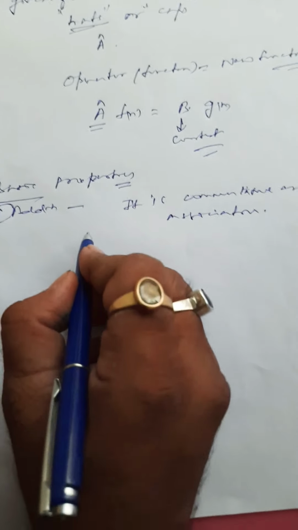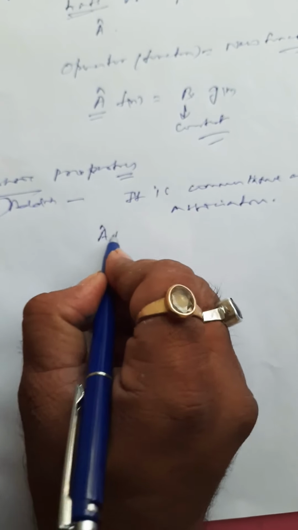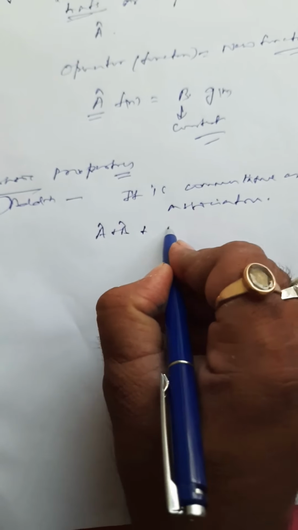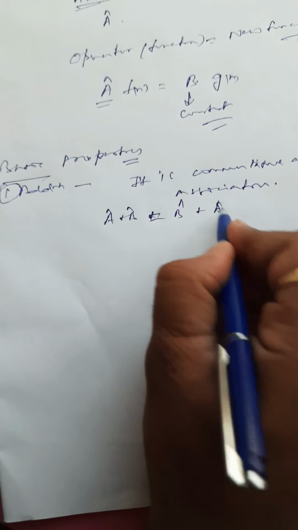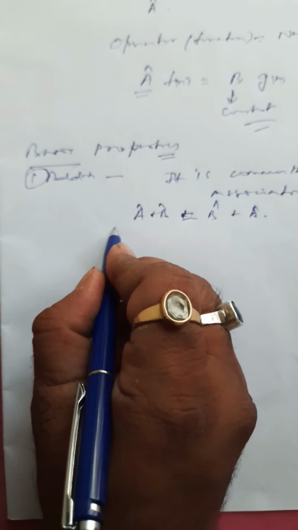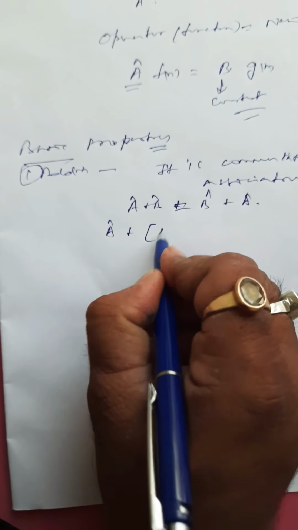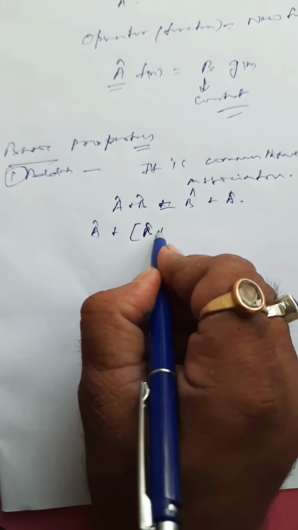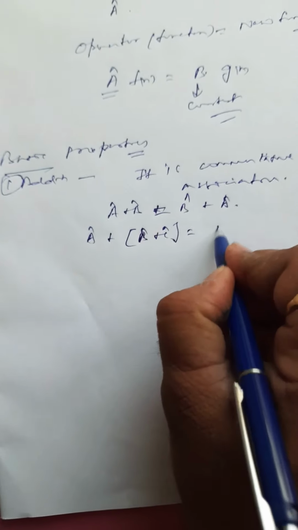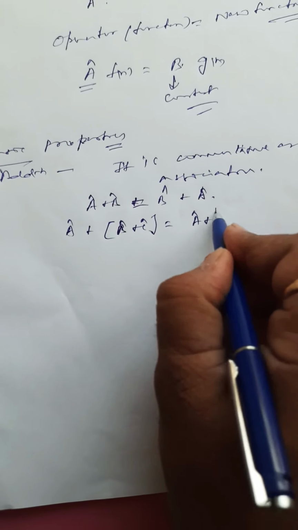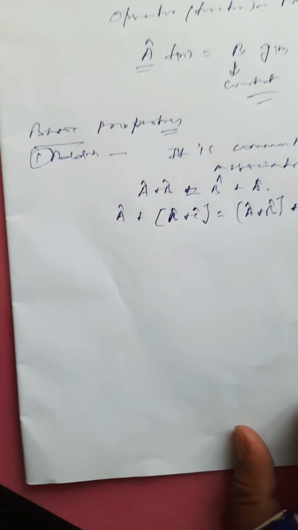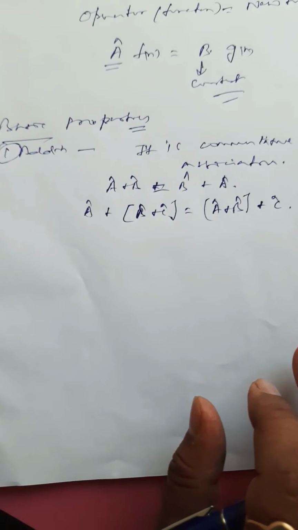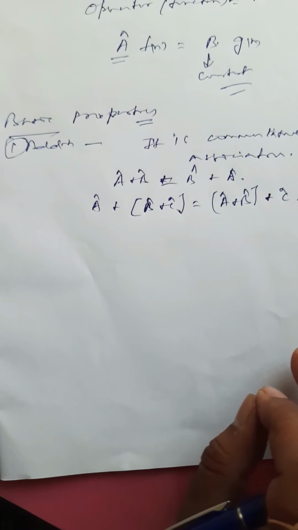Commutative means operator A plus operator B is equal to operator B plus operator A. Associative means A plus (B plus C) must be equal to (A plus B) plus C. So this is what we understand by the addition of operators.